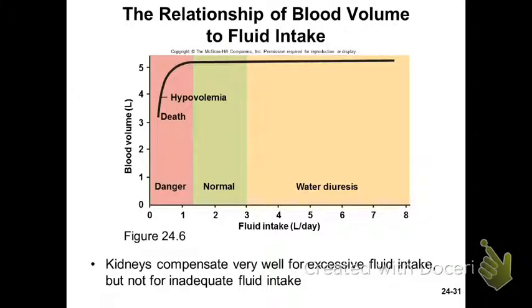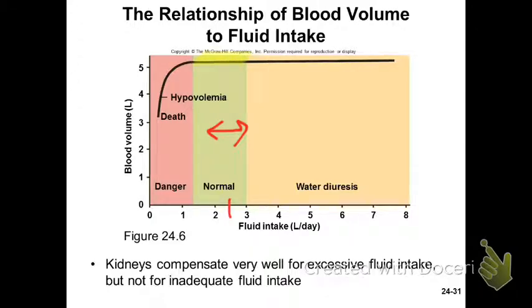So let's just take a look at this graph and make sense of this. I told you that the average person is taking in about 2,500 mils of water every day, right? So here's that normal range basically. And within the normal range, look up here at the blood volume. Essentially, it's a straight line, isn't it?